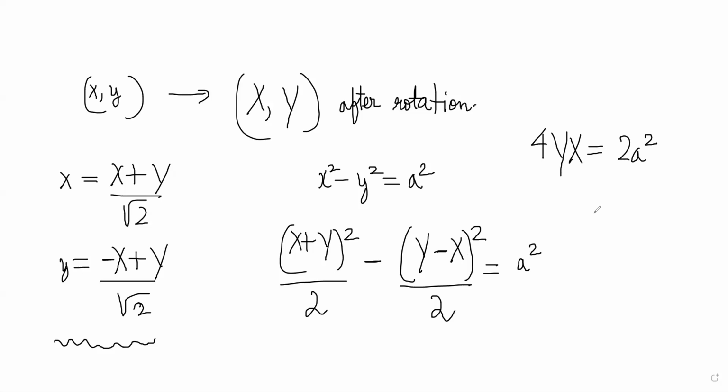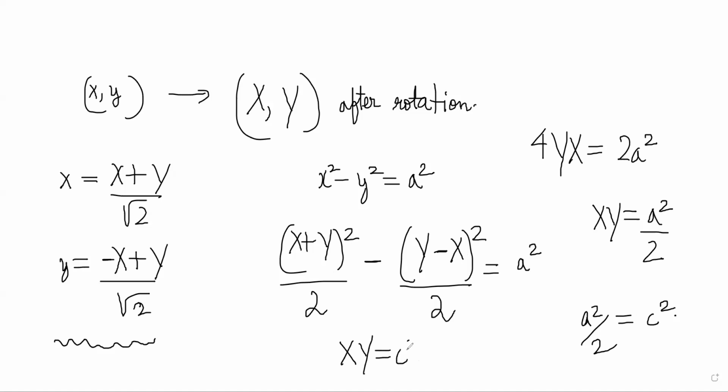So you're getting XY is equal to a square by 2. And if we call a square by 2 as a constant c square, we get the new equation XY is equal to c square.